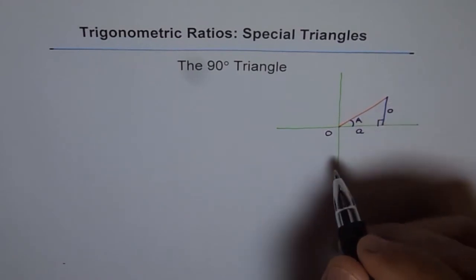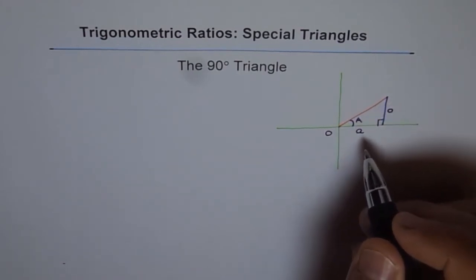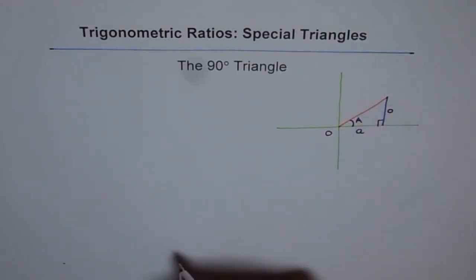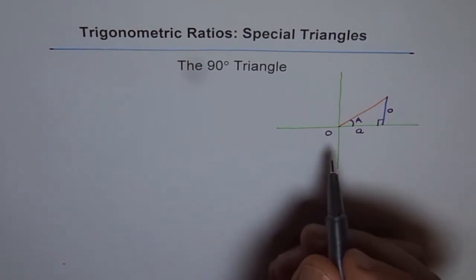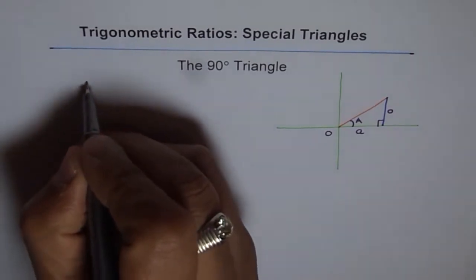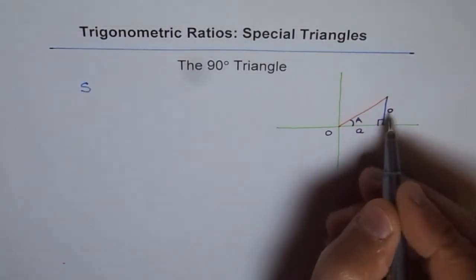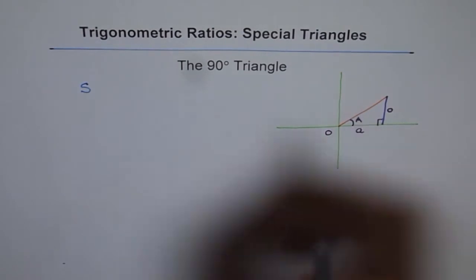Now in this triangle, we know Sohcahtoa, and Sohcahtoa is the sine, cos and tan definition. It's an easy way to remember what sine is, what cos is and what tan is. We say sine is opposite over hypotenuse.